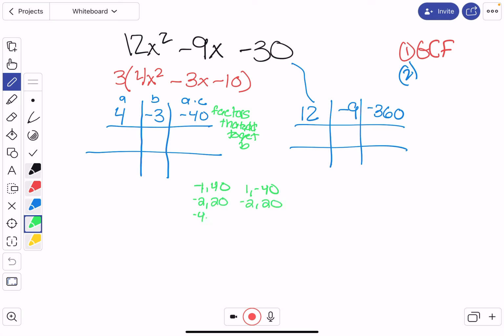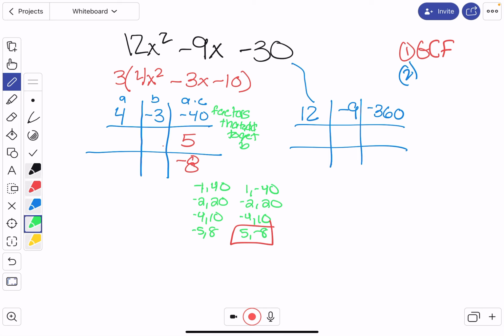We have 4 and 10. We have 5 and 8. And that's all. Those are all the pairs of factors. Now we want a pair that adds up to get negative 3. That would be 5 plus negative 8. So we're going to put 5 here, negative 8 here. It does not matter which one you put on the top or the bottom.